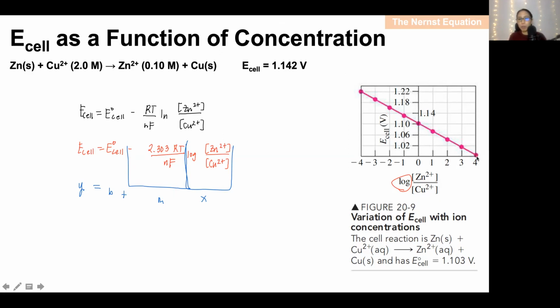Because if you measure cell potential with different concentrations of your reactants and products, you get this line and just get the y-intercept. Your y-intercept will give you your standard cell potential. But of course, this is more prone to errors because you are performing multiple measurements. There. So this is the function of your Nernst equation.